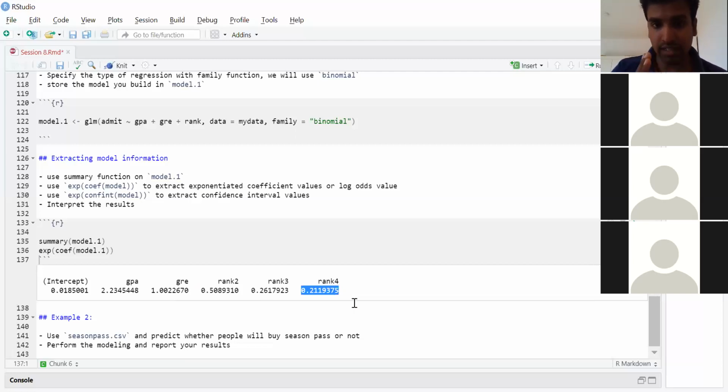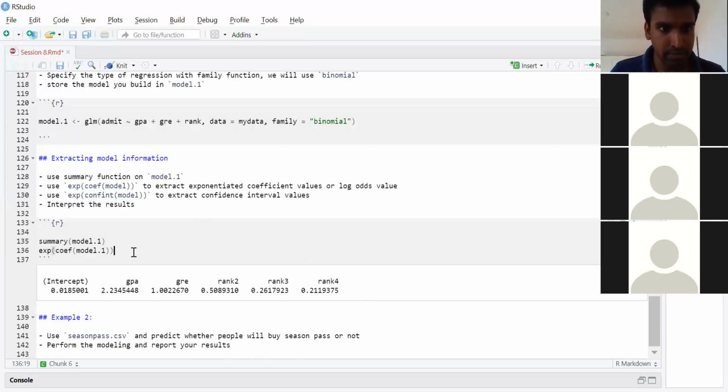So always remember, when you're interpreting the exponentiated coefficient values, you benchmark that with 1, and if that is less than 1, you are going to have a negative outcome. The negative probability is going to happen. And if you're having a value more than 1, you're going to get a positive outcome. Hope that clarifies. Any questions here?